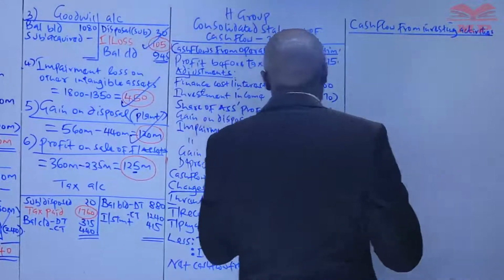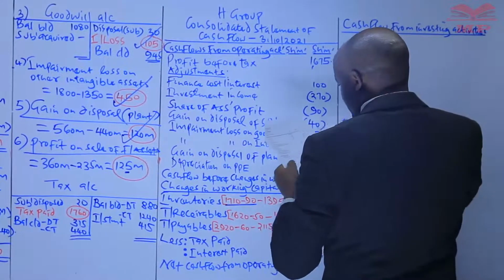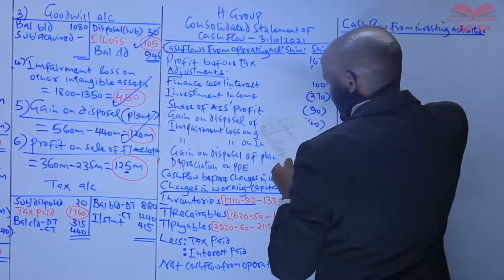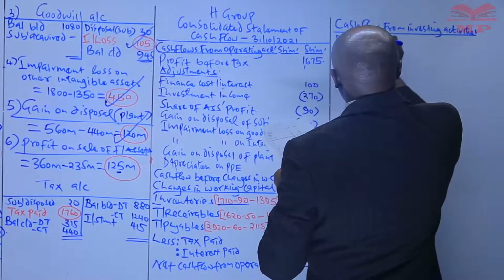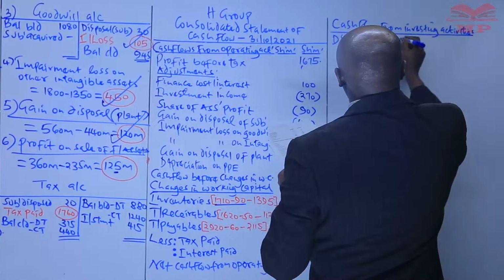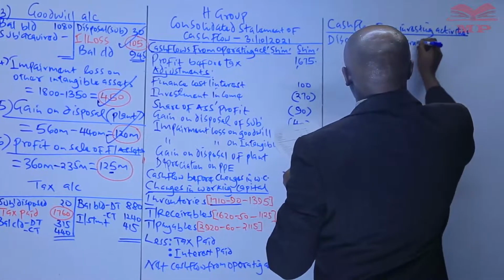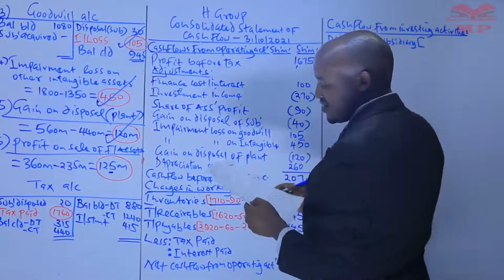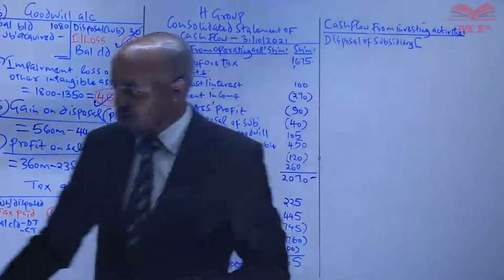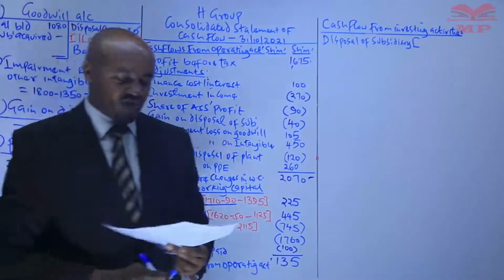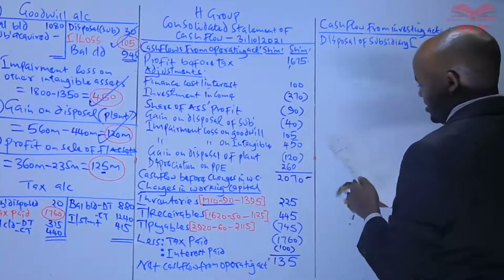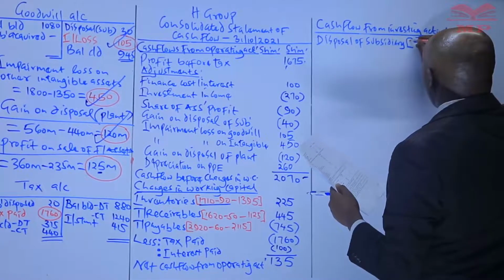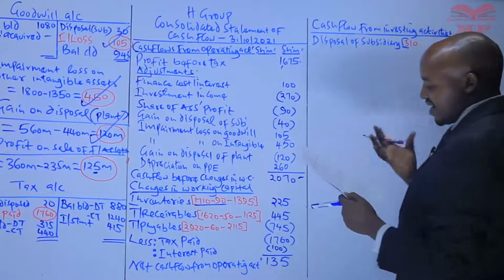So let's start with the additional information. In note 1, we have a disposal of a subsidiary. As far as the disposal of the subsidiary is concerned, we take into account the amount of money received from the sale of the subsidiary, which is in additional information note 1, which is 310, a cash inflow.